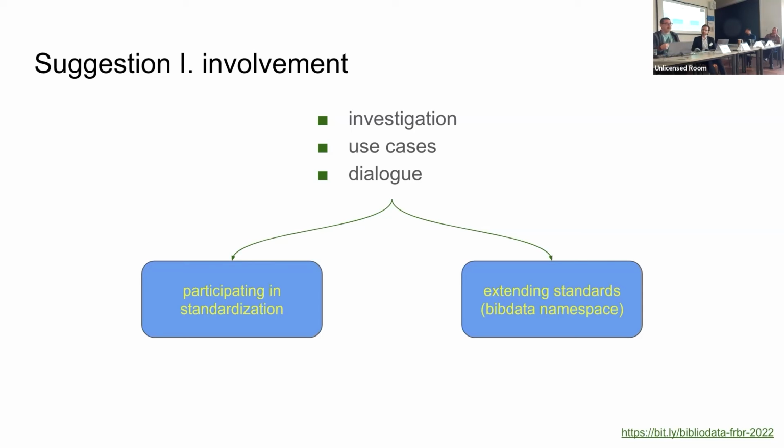And also, we might extend these models and create a Bibliodata namespace where those properties and classes are defined which cannot be expressed with the library model, and they don't need it, but we need it.